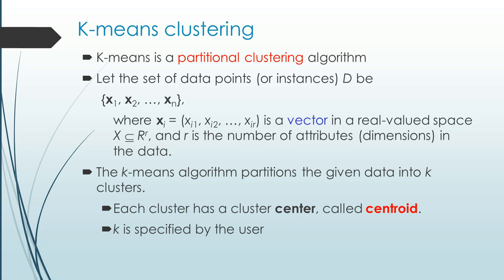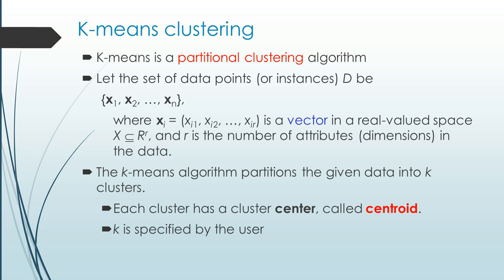As I mentioned, k-means is a partitional clustering because we are partitioning all these different groups of data. Initially, let's say we have a set of data points. These data points can be in a real value space, and they can have different numbers of attributes, which we can call dimensions in the data. I was talking right now about an image in the RGB space, which only has 3 dimensions.